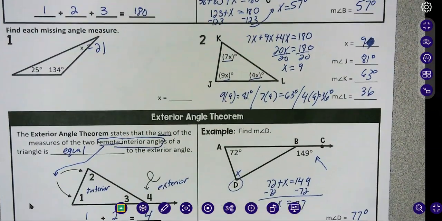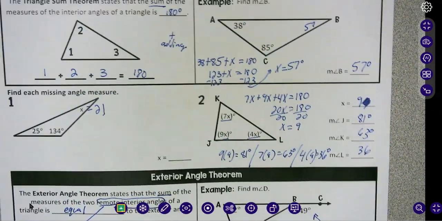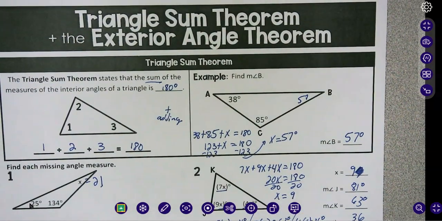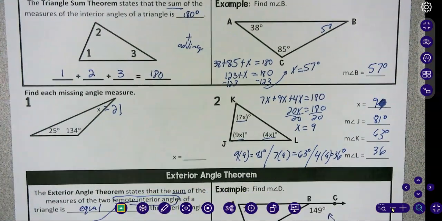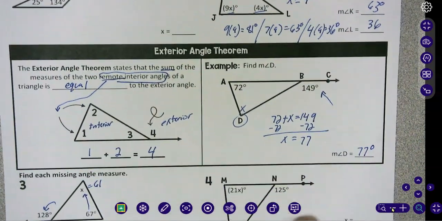Guys, this is the exterior angle theorem, and this is the triangle sum theorem. You want to make sure that in your notes you have written what you see on this paper. And so make sure you pause and have this written down.